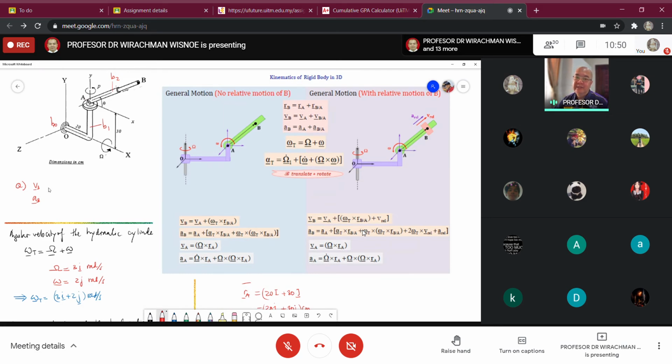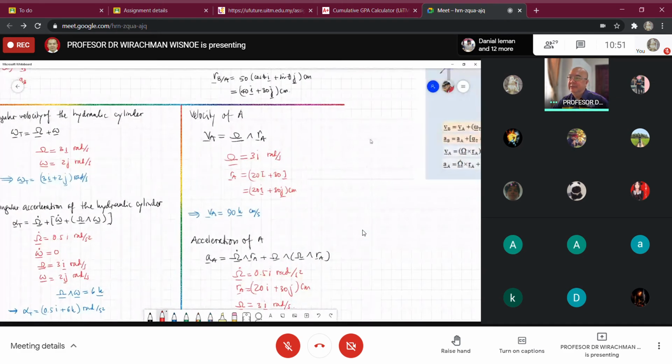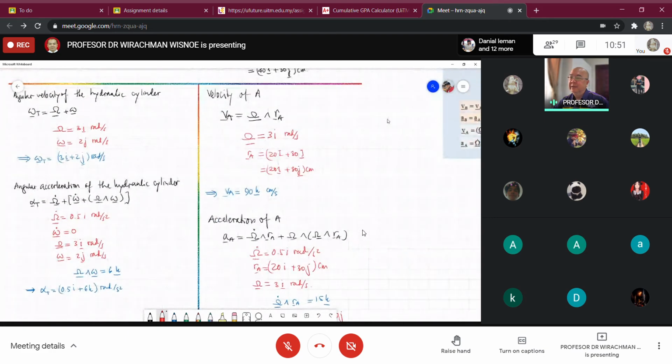To calculate the velocity of point B, this is the formula. To calculate the acceleration, this is the formula. But to calculate VB and AB, we need to obtain VA and AA. So this is for VA, this is for AA. That's how the formula came about.